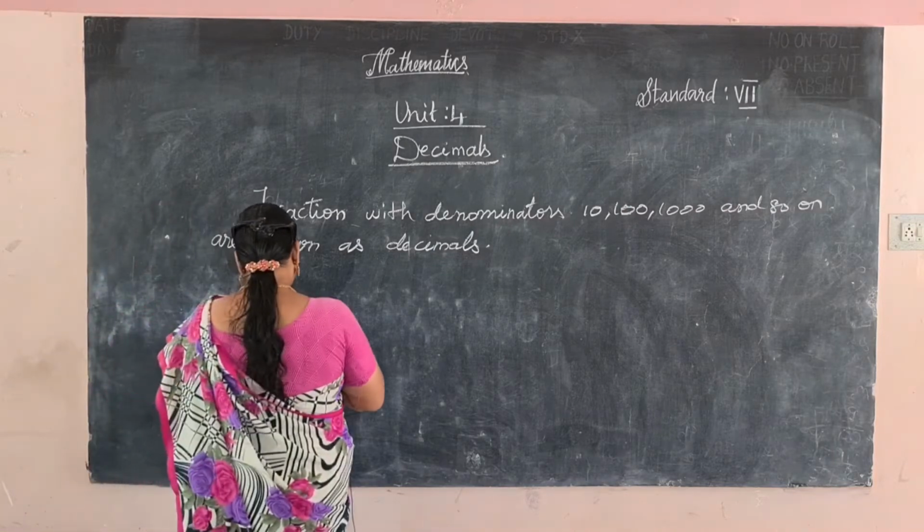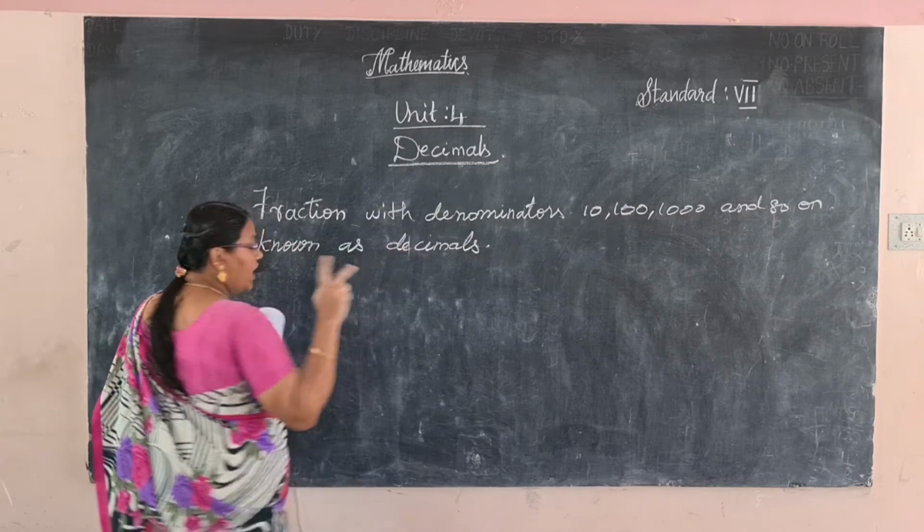That means powers of ten are known as decimals. Already you know that it has two parts.